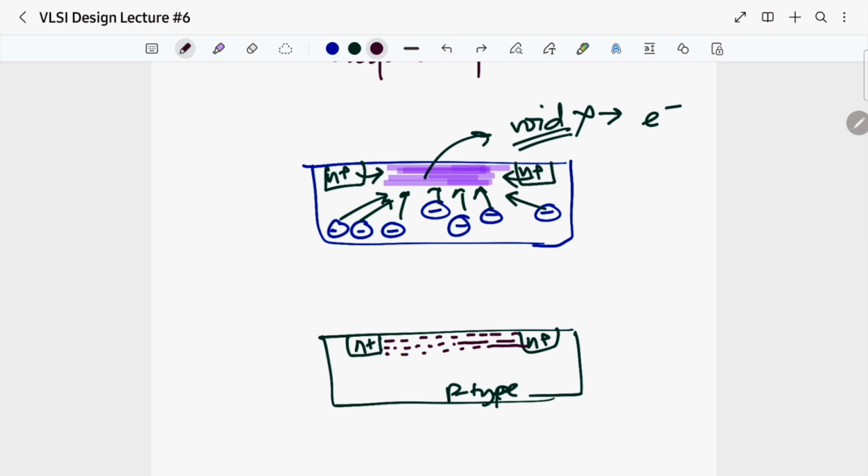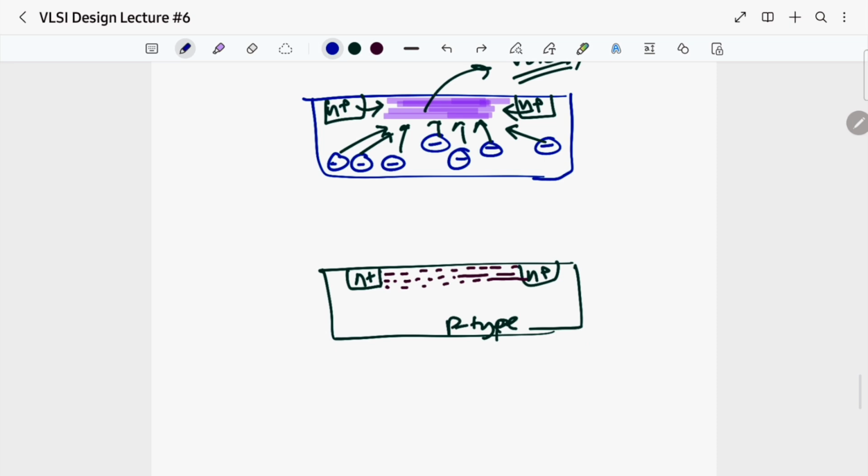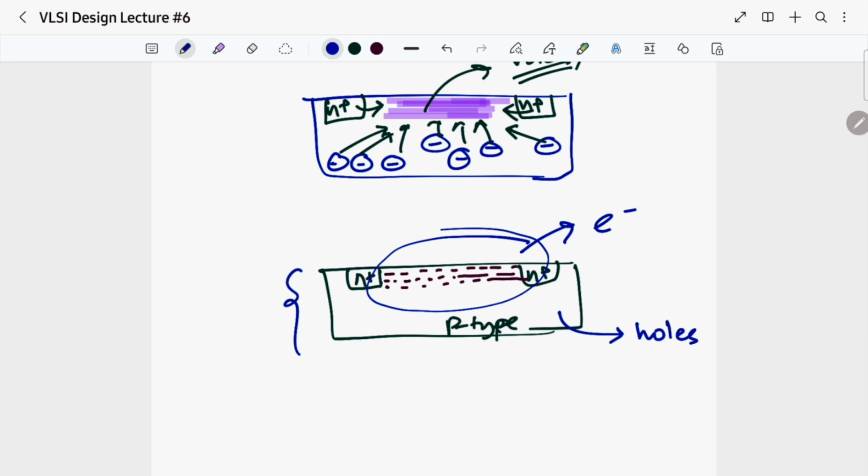Can you observe something over here? This is p-type. Let's not call it a bulk right now. We have the substrate as p-type, and the surface of my substrate is having what? Electrons.